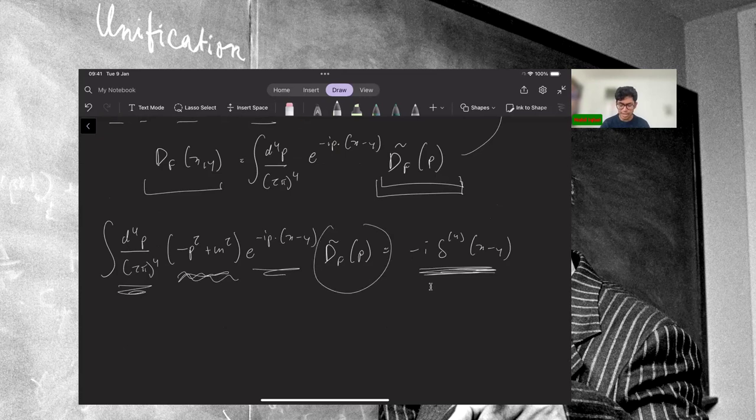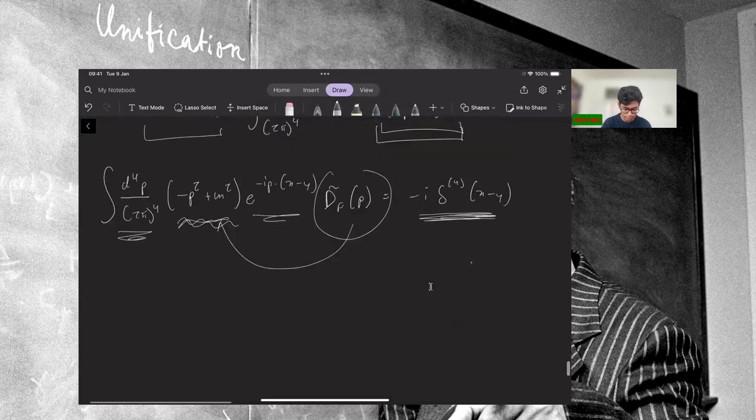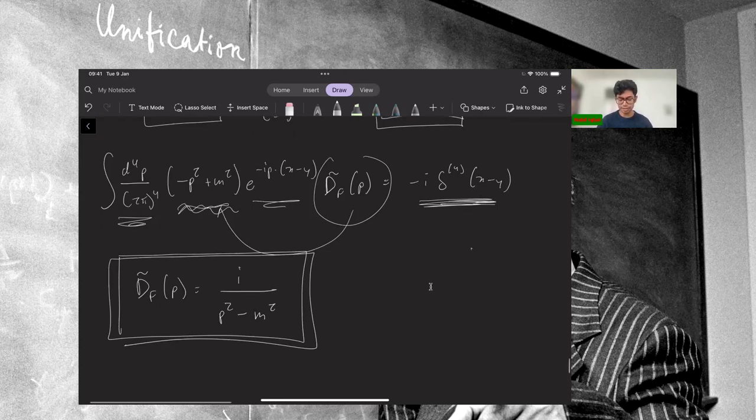So we pick D_F to cancel that, which means that D_F tilde of p is equal to i over p² − m². Okay. And this should look familiar, this is the Feynman propagator from the earlier part of the course.